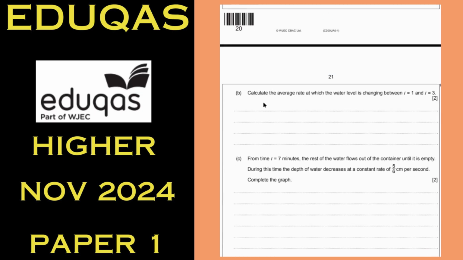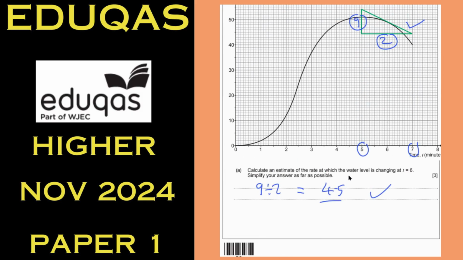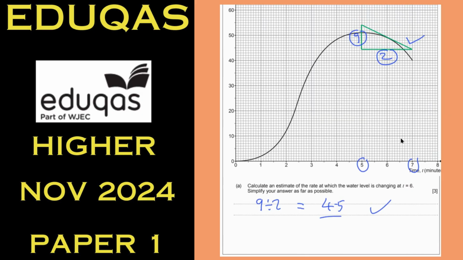On to part B. Calculate the average rate between t is 1 and t is 3. If we look for where t is 1, the height is 2. If we look at where t is 3, the height is there. Trace that along, I'm getting 37.